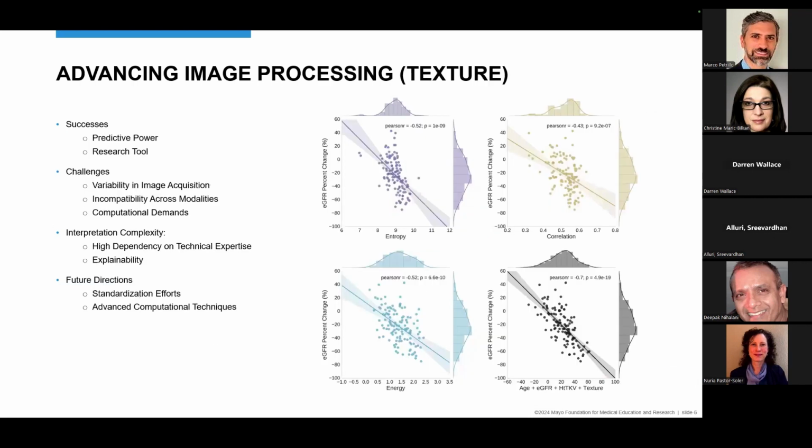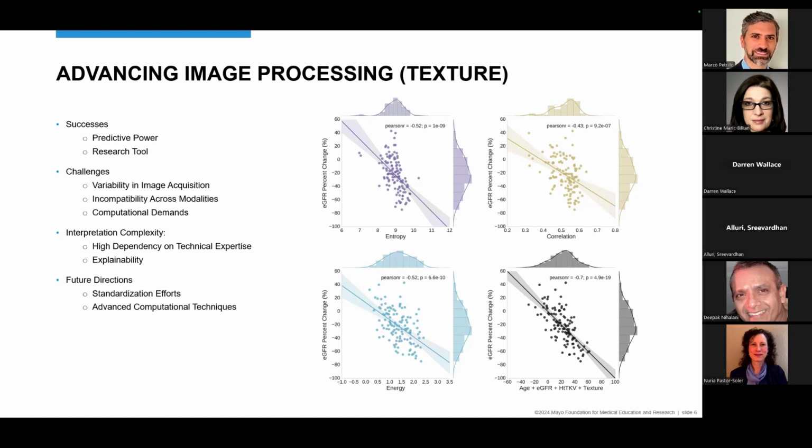And then on the flip side, I wanted to highlight the work that we've done trying to advance some of the image processing methods. So this study is now a good 7 years old, so I apologize, but I think it's helpful to talk about things that we saw a lot of promise in that maybe are still gaining some traction.